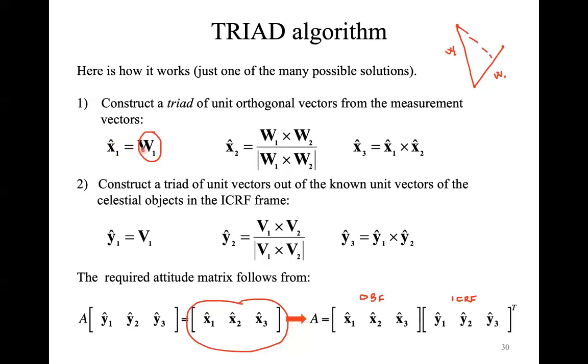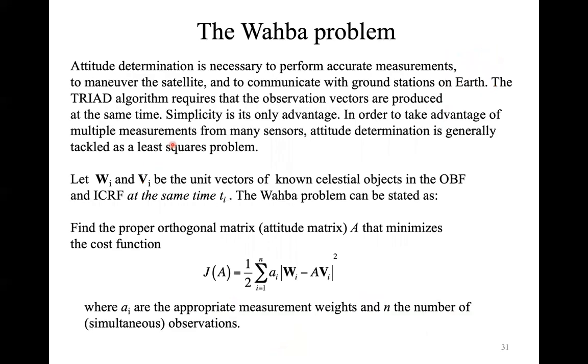In that case, you are doing a mistake because you are overweighting the observation that is less precise. To avoid this problem, the Wahba problem was introduced.